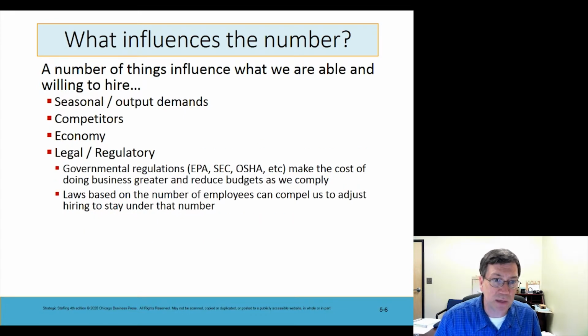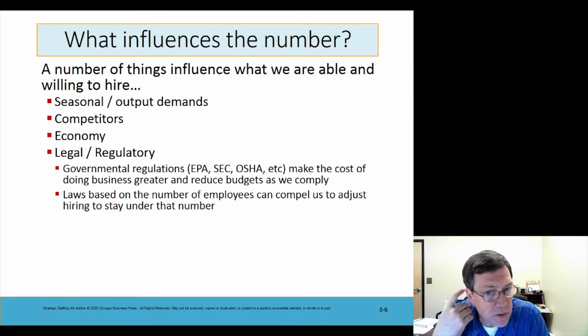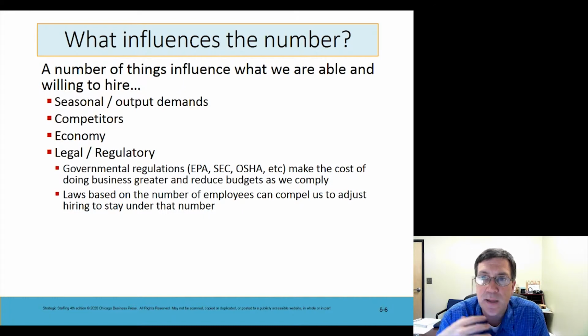Legal things and regulatory things, regulations from organizations like the Environmental Protection Agency or the Securities and Exchange Commission or the Occupational Safety and Health Administration, OSHA, SEC, EPA, you can name a whole bunch of different things, the Department of Justice and EEOC and things like that, put in guidelines that we as organizations have to follow, and that impacts what we can do in terms of our hiring.